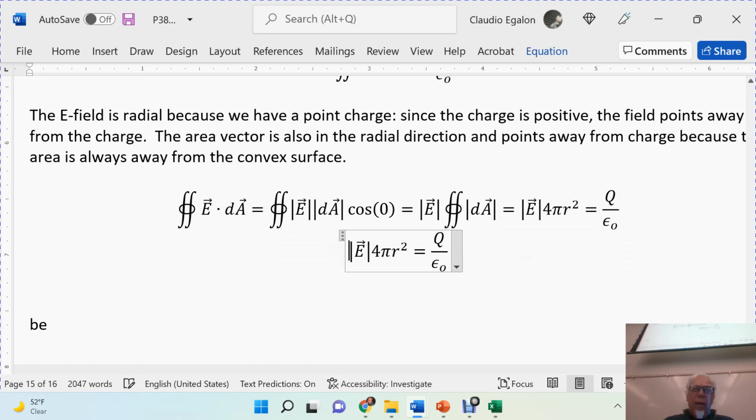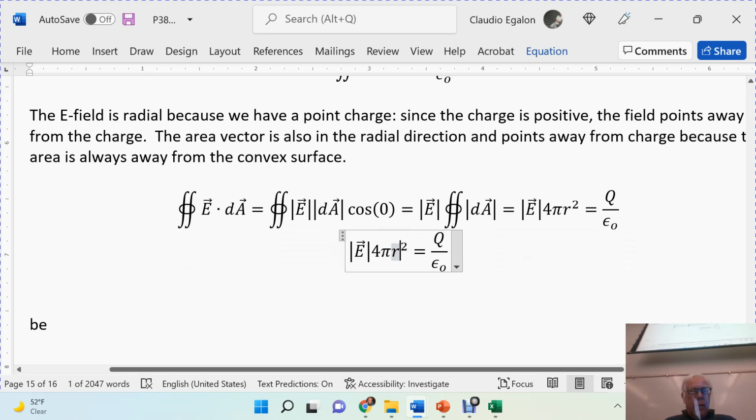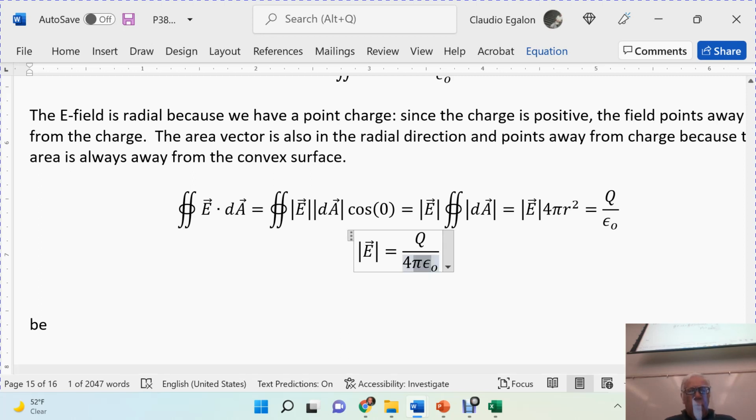Gauss's law is a far more general statement. It's going to be Q divided by 4 pi epsilon naught r squared.